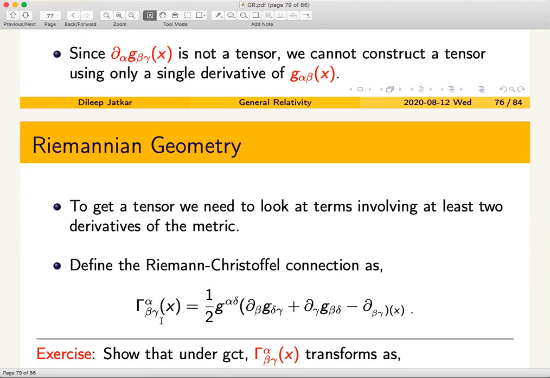So gamma alpha beta gamma is defined as half of g alpha delta times del beta of g gamma delta minus del gamma of g beta delta minus, oops, I think it's a bigger problem. Just give me a second. I need to correct that equation.